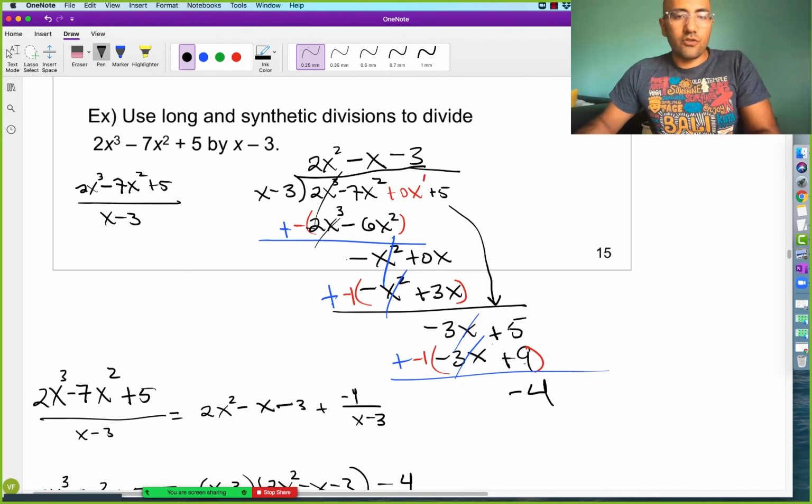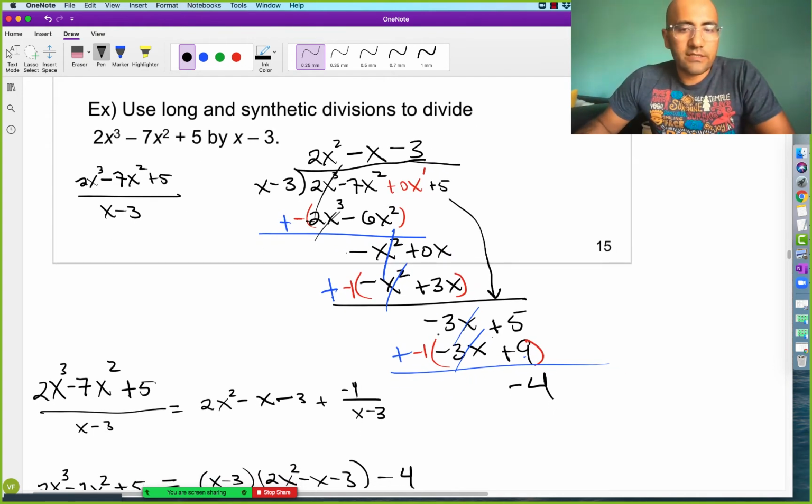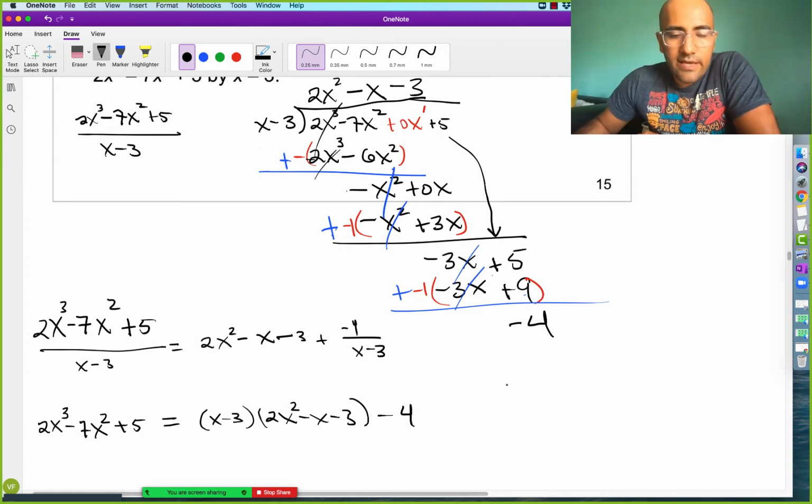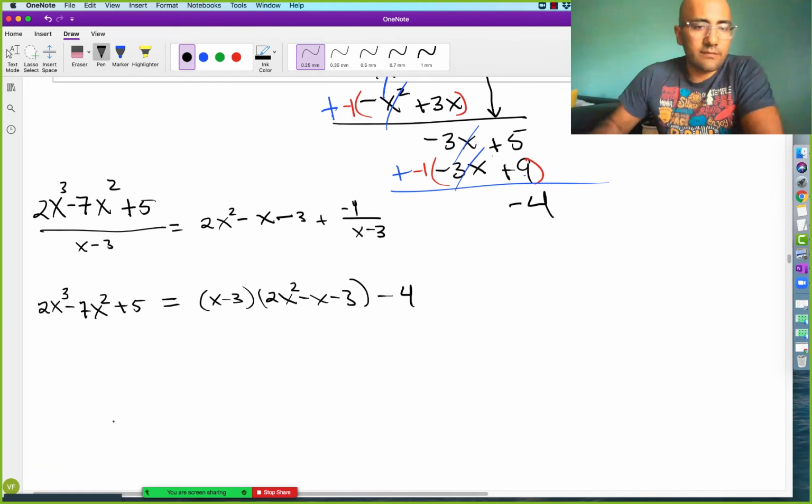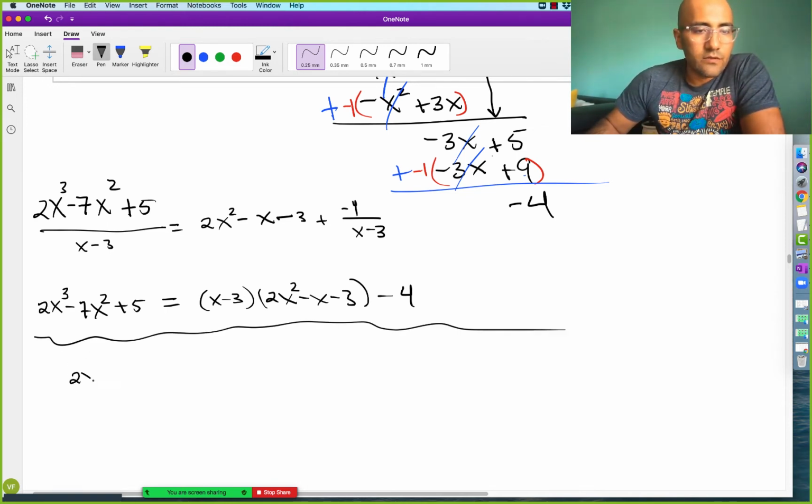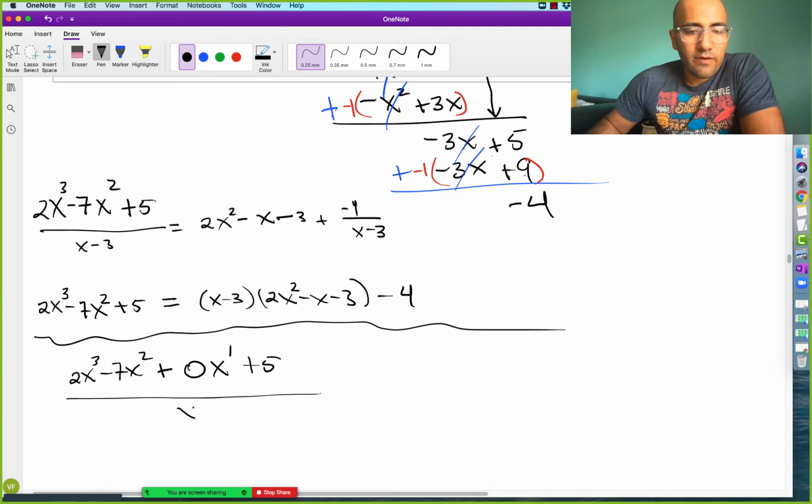Okay, synthetic division, the shortcut. The shortcut is going to be to recognize that we are going to be working with just the coefficients. So let's go back to this thing. We have 2x cubed minus 7x squared plus 0x to the power of 1 plus 5 divided by x minus 3 in this format.